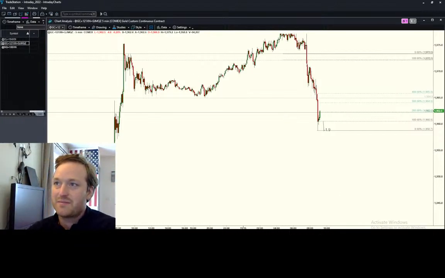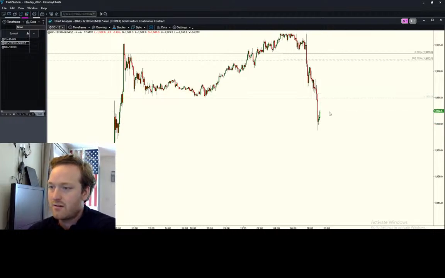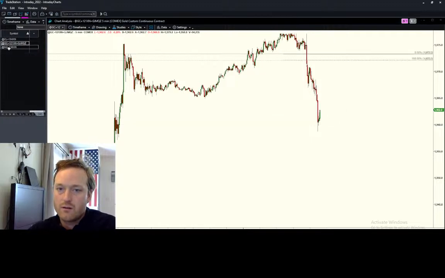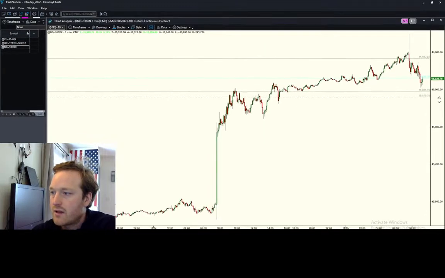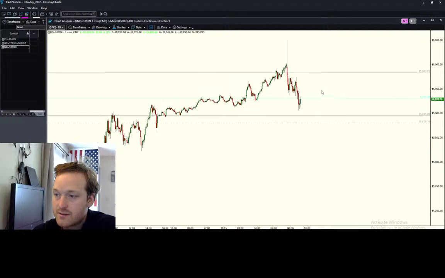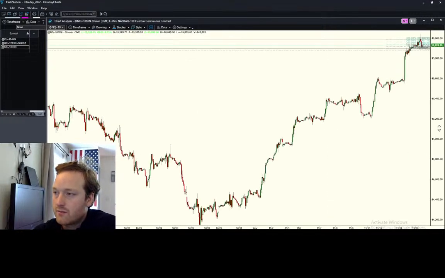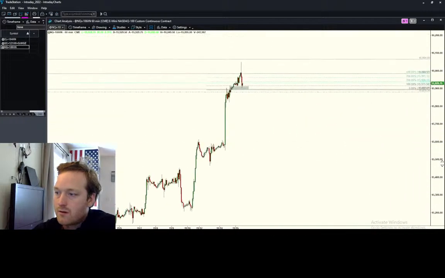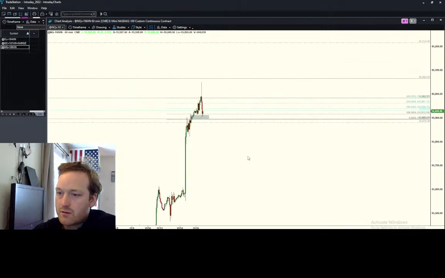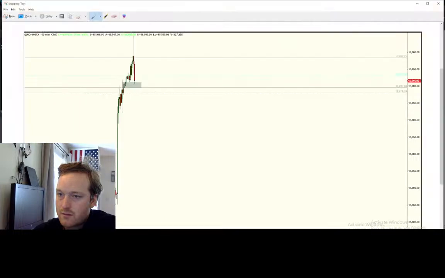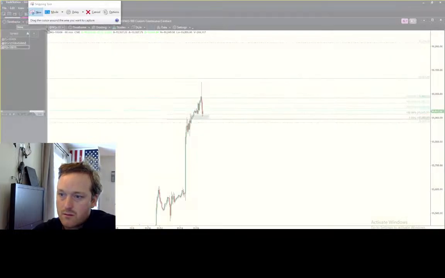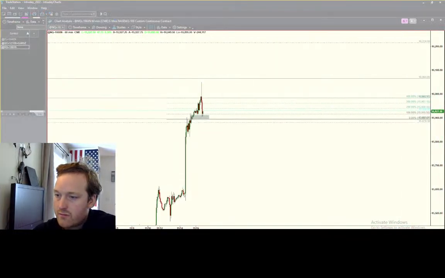Cancel this trade, but that's all right. As far as NQ goes, NQ rallied. Thank goodness. That's doing all right. 0.75 to 1.